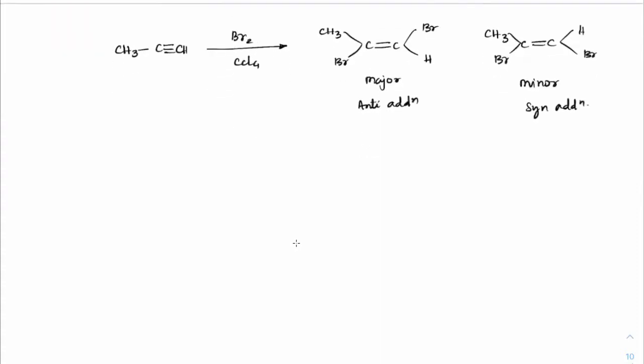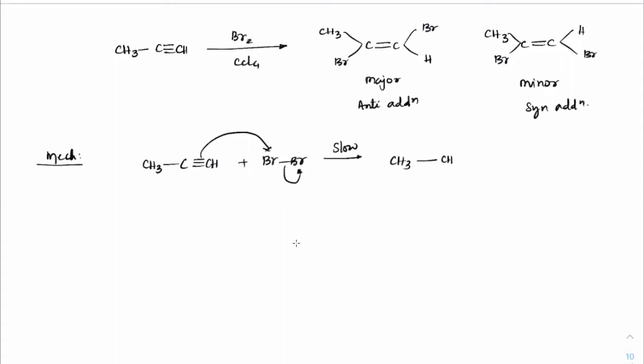Clear on that? The mechanism is the same here. CH3, C triple bond CH, as you treat with Br2, the pi bond attacks, removing Br minus. The attack is pretty slow because it is not going to give a very stable product. So you will have this double bond CH with Br getting connected.